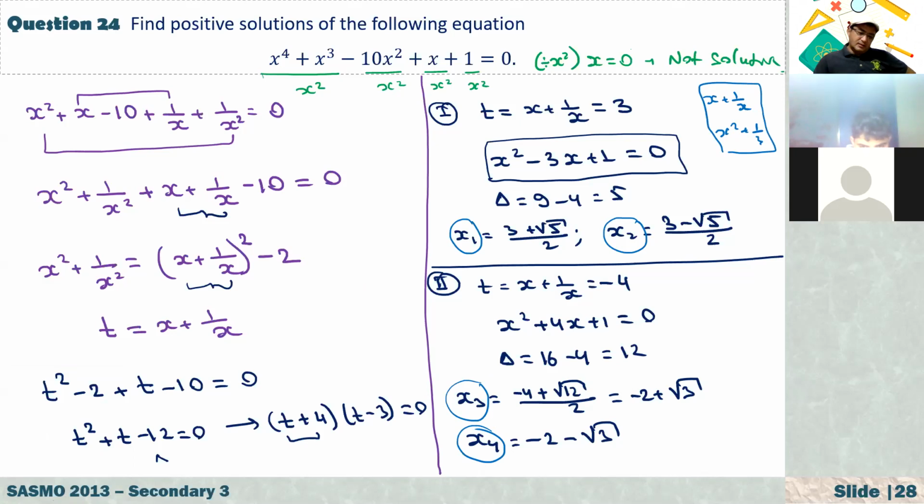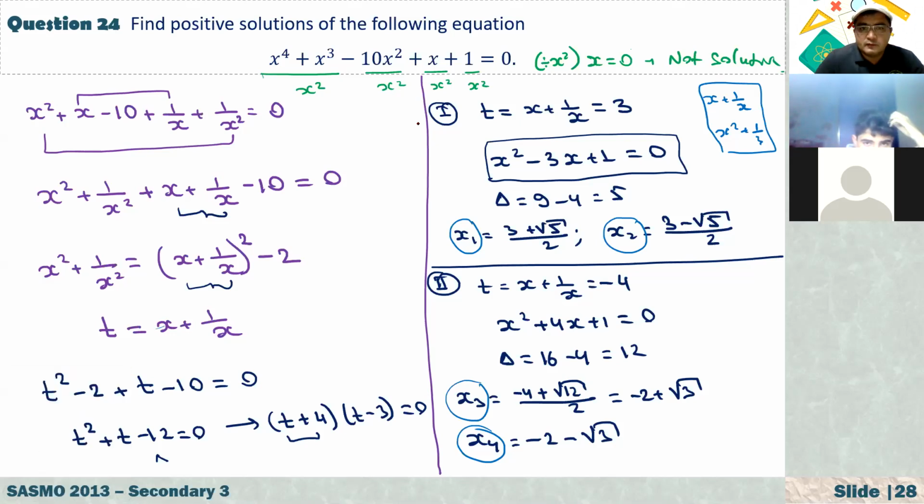Okay, Musa, did you understand a little bit? Yeah, but at the first step, where is x squared minus 3x plus 1 equals 0? How did you get it? I mean, which part are you talking about, Musa?